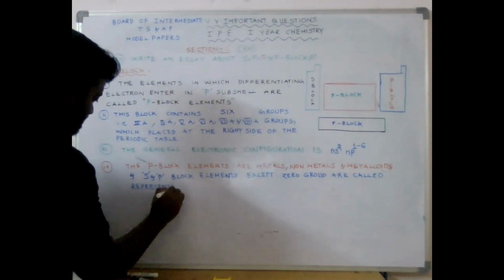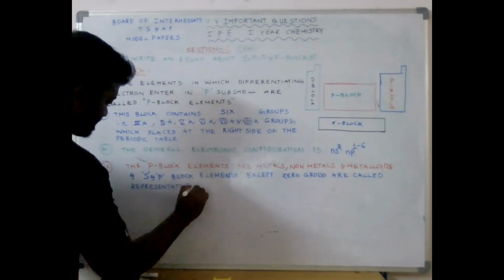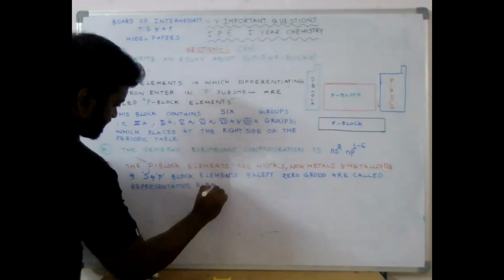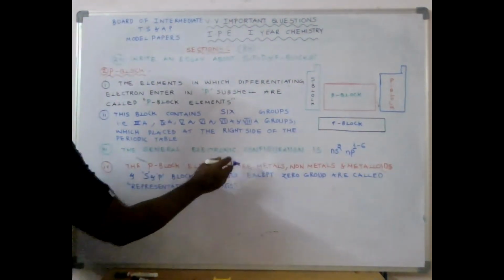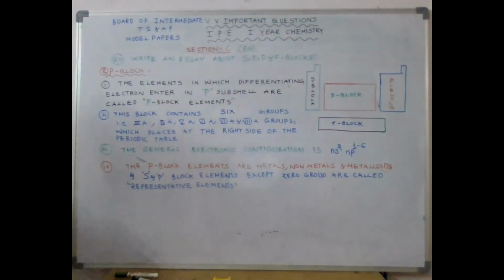Even you may stop here. Nothing will happen, you will get the marks. The P block elements are metals, non-metals, and metalloids also. So that's about P block elements completed.